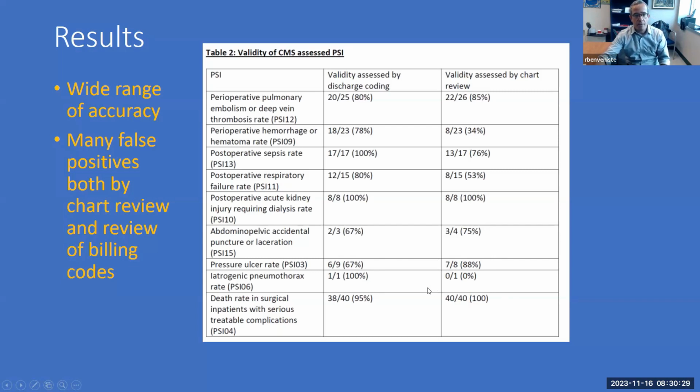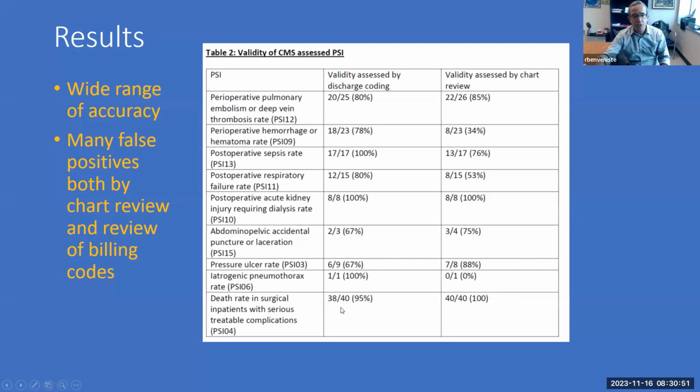Interestingly, it was a transthoracic approach or a transdiaphragmatic approach that included entering the pleural cavity for a spine case. And there was a tiny pneumothorax on a postoperative chest x-ray. And then death rate actually was pretty accurate. Either patients are alive or dead by chart review.